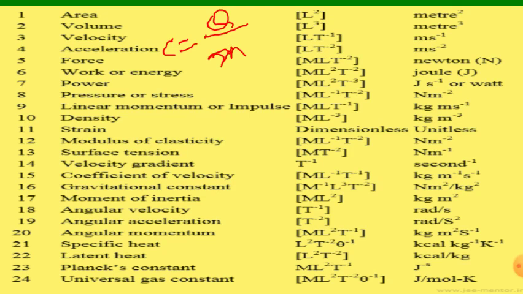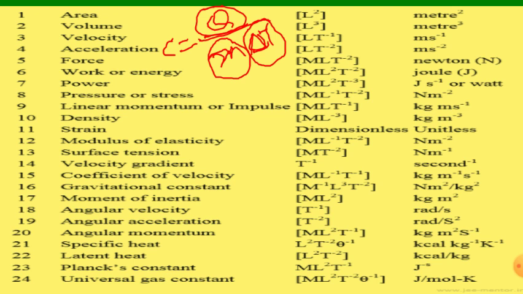So that unit temperature, let's denote it by delta T. So this is the amount of heat energy required to raise the temperature of a unit mass of a substance through unit temperature. So this is delta T.